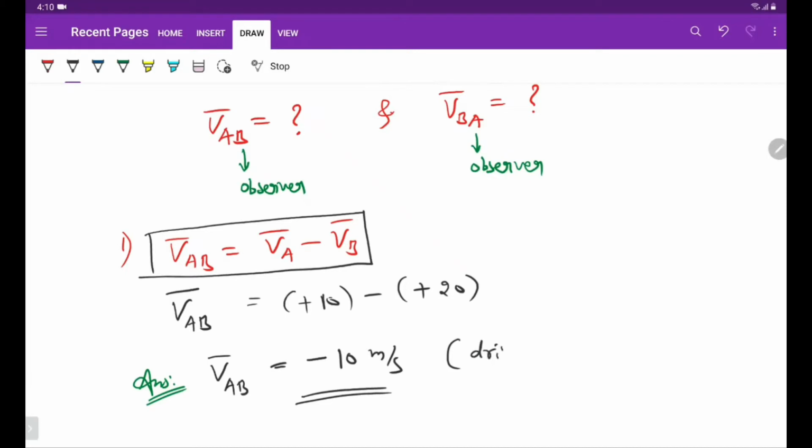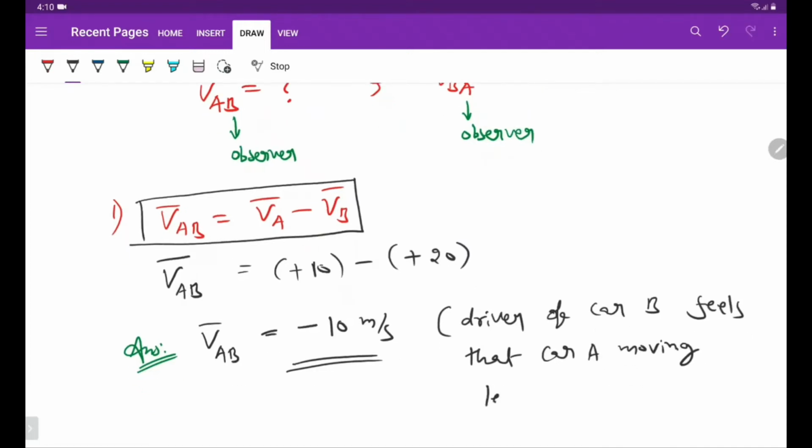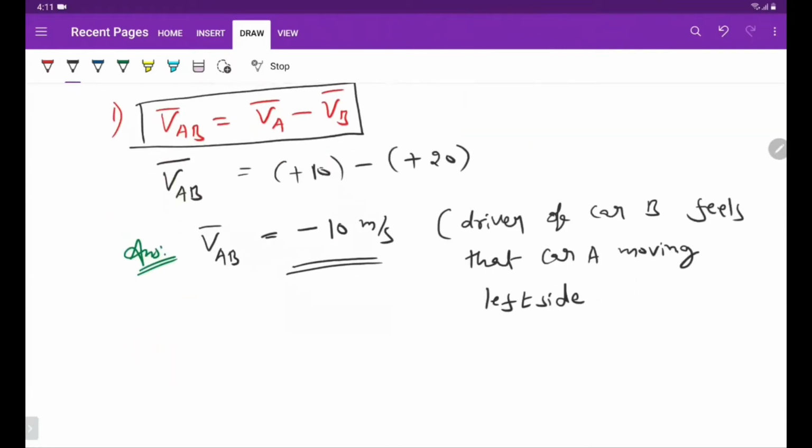Here the driver means the observer. The observer or driver of car B feels that car A is moving left side, and he feels that he is at rest.